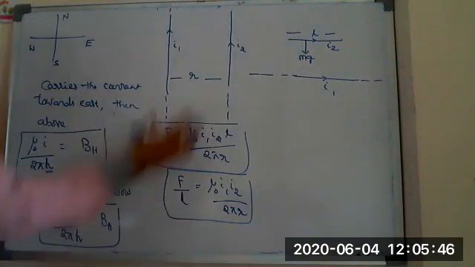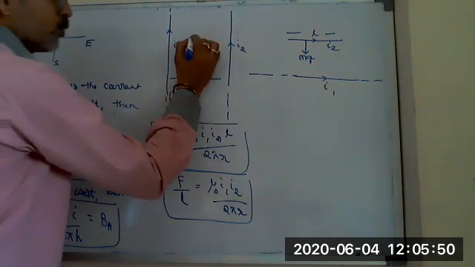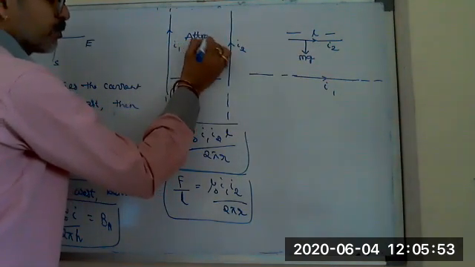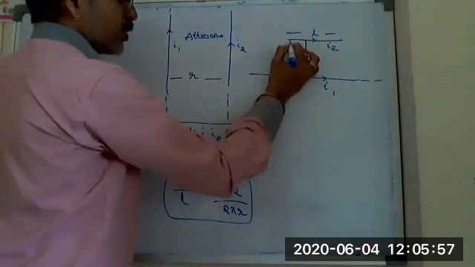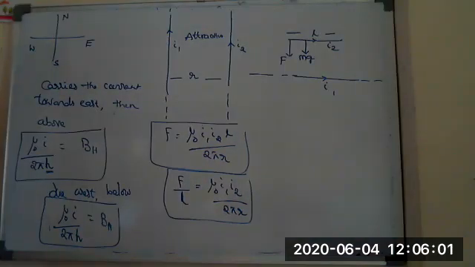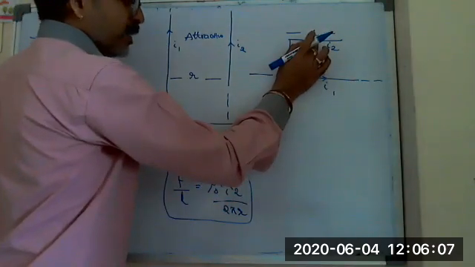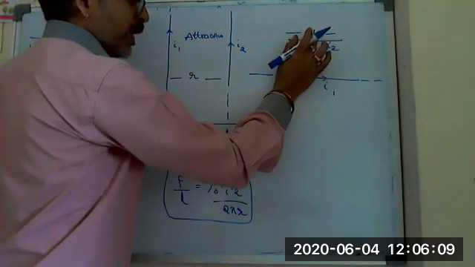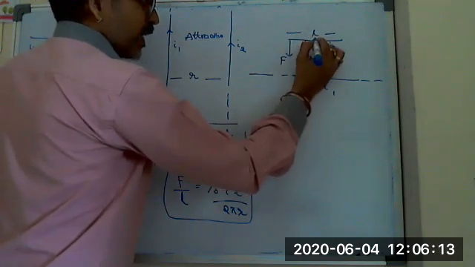Same direction means, I think all of you know, if the currents are in the same direction, the force will be attractive. The force is attractive means you get the force in the same direction. If both are in the same direction, then the net force is never equal to 0. That's why here, if you place another conductor of finite length above, the current should flow exactly in the opposite direction.